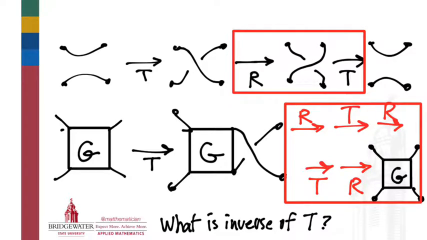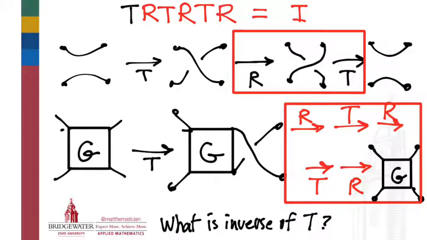So on the one hand, it's I. On the other hand, the word which is equal to I is R, T, R, T, and then another R. Oh, sorry, this T was the original twist that we introduced. We were trying to figure out what the inverse was, and now I think we've shown that the inverse of T is R, T, R, T, R.